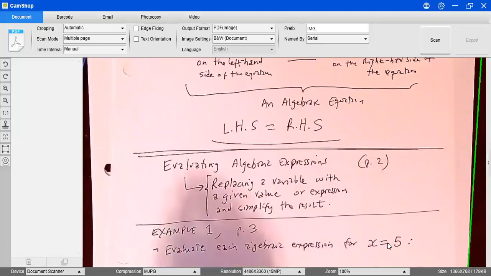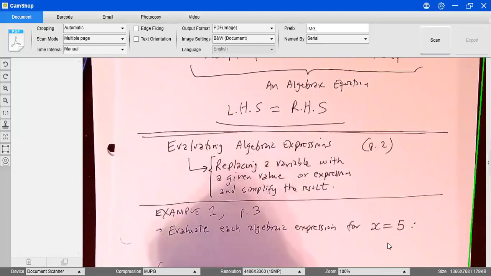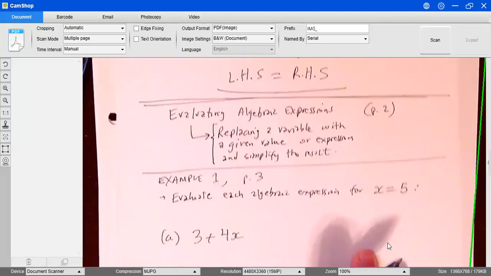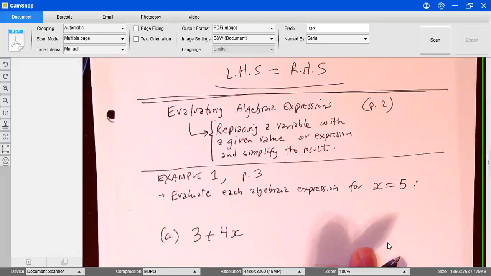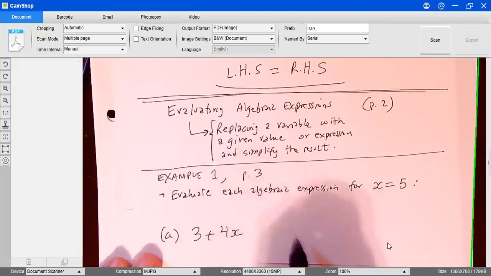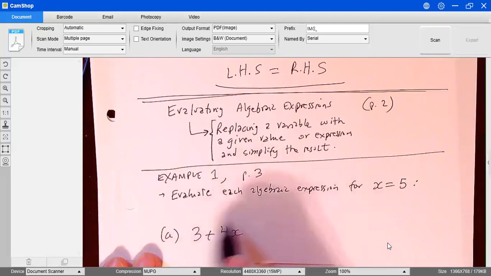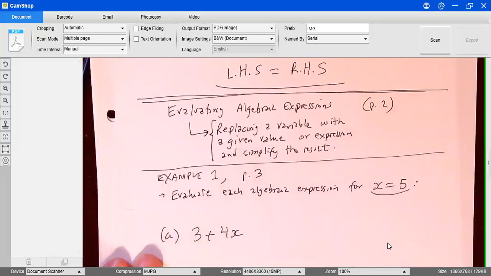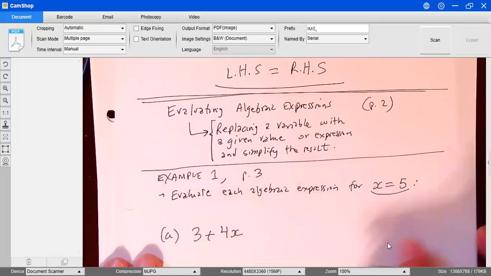Our first expression to be evaluated is 3 plus 4x. This is an algebraic expression because there is no equal sign anywhere here. No equal sign, no equation. We have an equation here, x equals 5. We're going to use this to evaluate this algebraic expression. Again, evaluating is replacing.